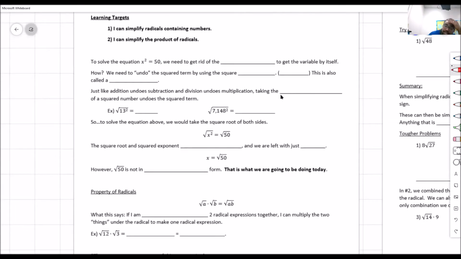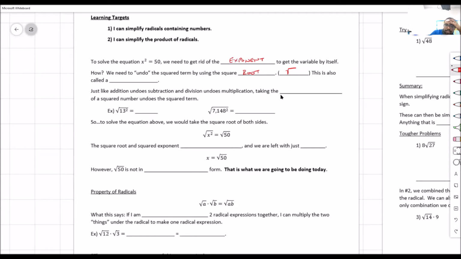It says to solve the equation x squared equals 50. We need to get rid of the exponent to get the variable by itself. How would we get rid of this exponent? We need to undo the squared term by using the square root, or radical.